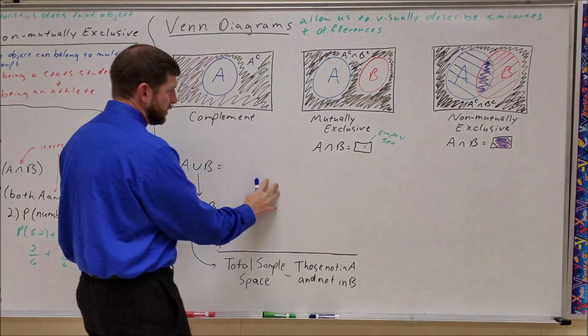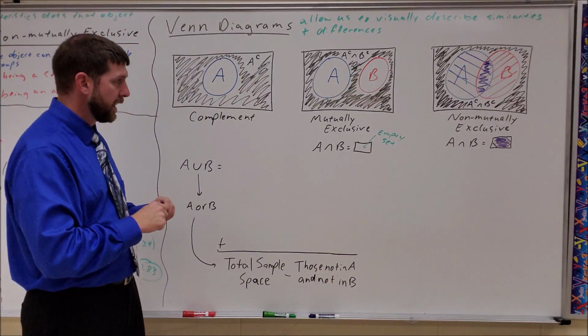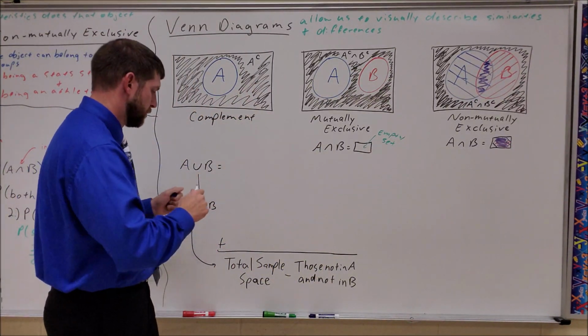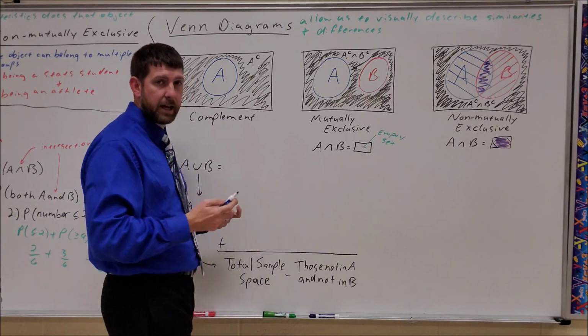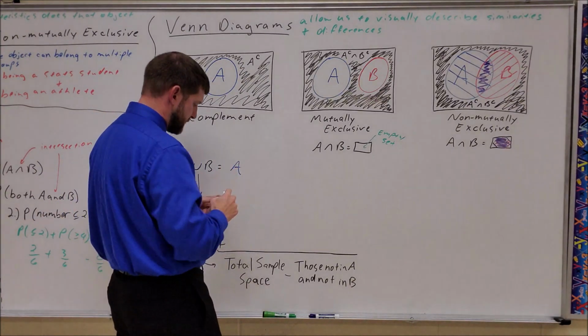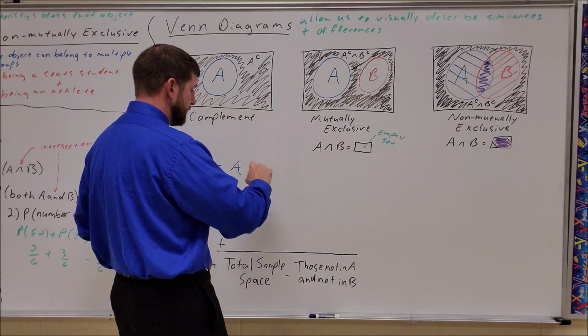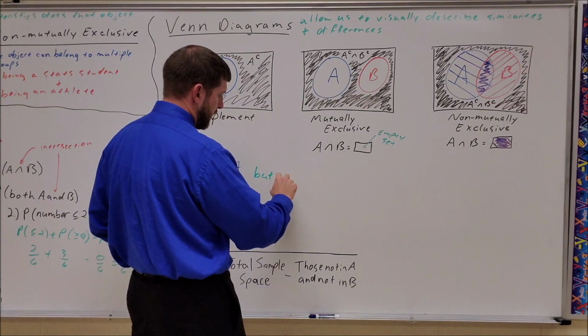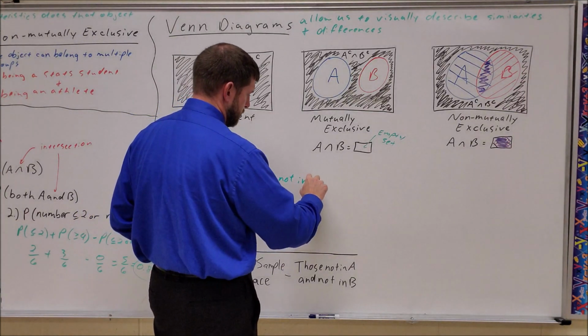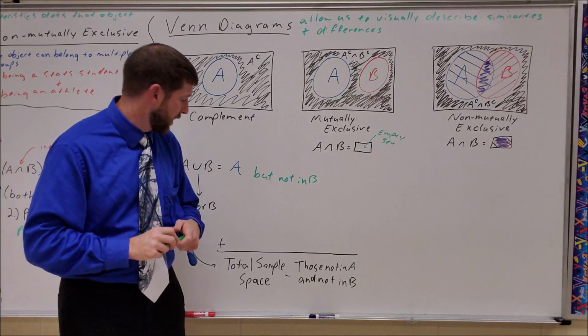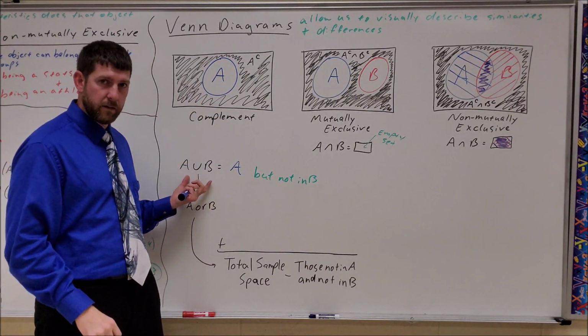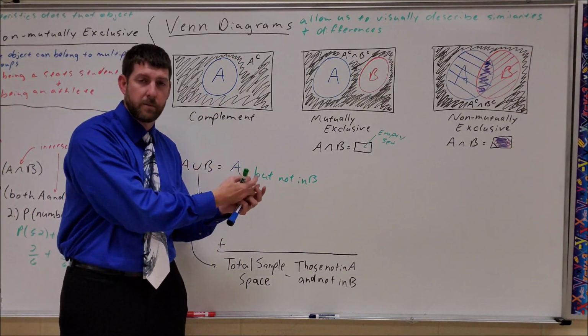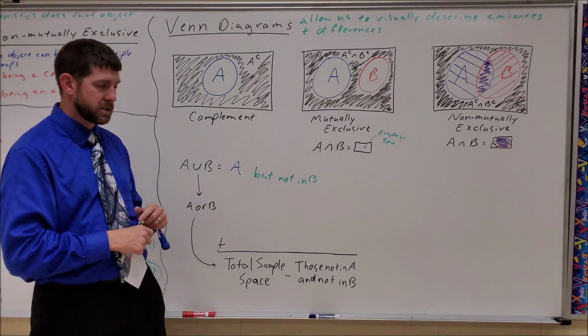If I have an A union B situation, anybody that would be successful would be something that's in A, right? It's got to be in A, but not in B. Would that be a success? If I'm doing A union B, it would be successful to have elements that are in just A. They would be considered a success.